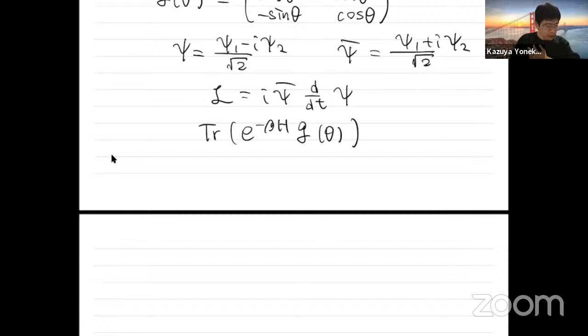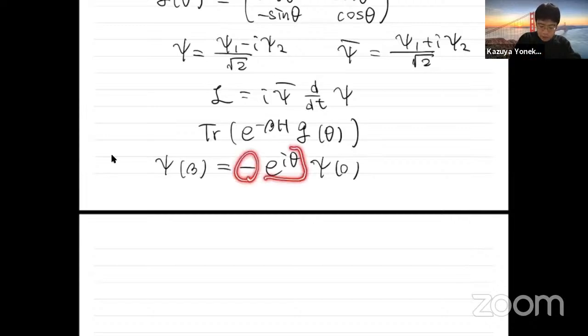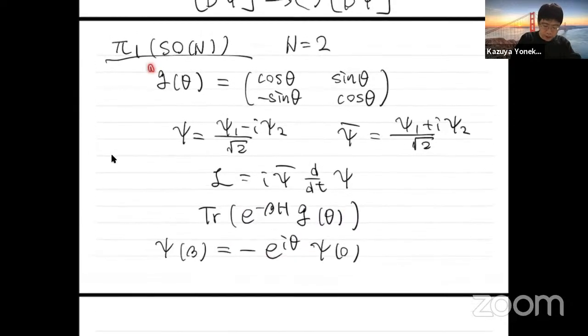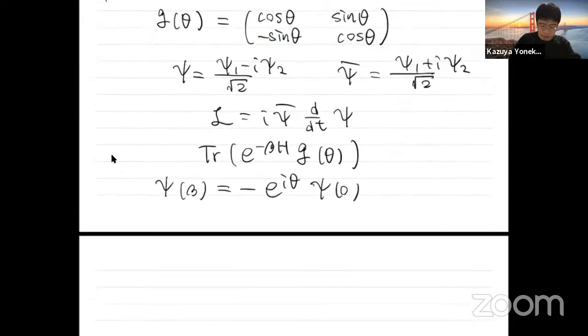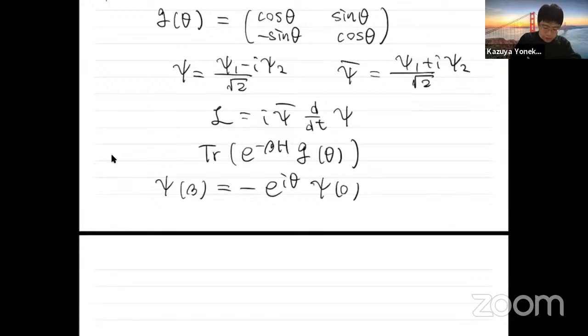So this partition function is again given by the path integral on S1. And the boundary condition is twisted by this group element in the following way. So this psi satisfies this boundary condition. Here, this minus sign comes from the thermal boundary condition, and this exponential i theta comes from this twist by this group element. So the boundary condition is twisted in this way, and psi bar is also twisted in a similar way.